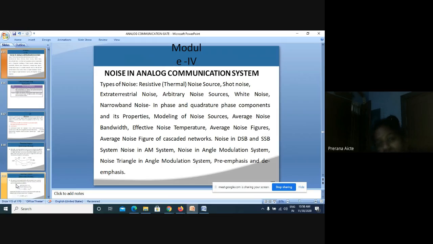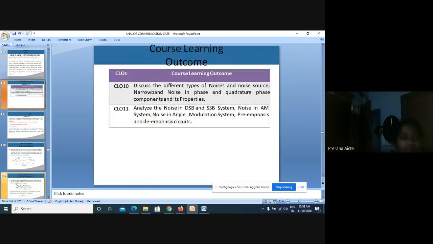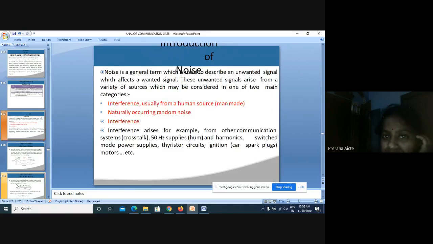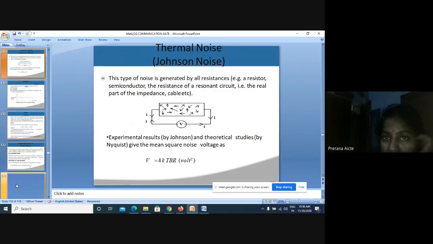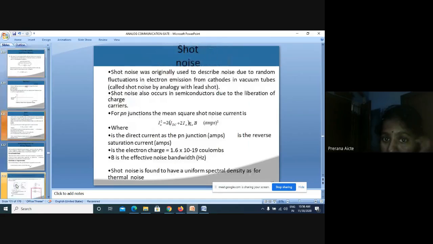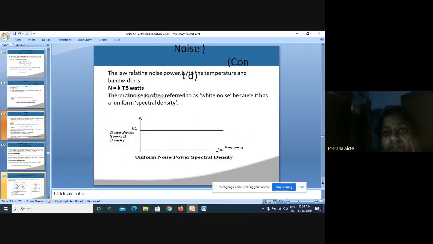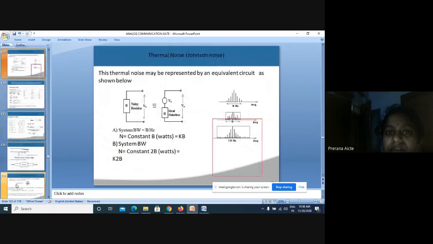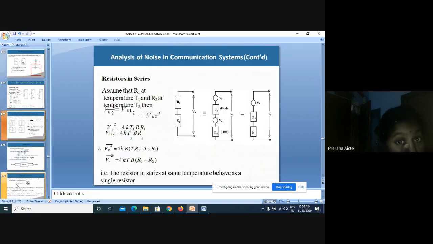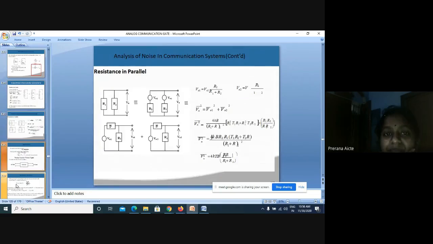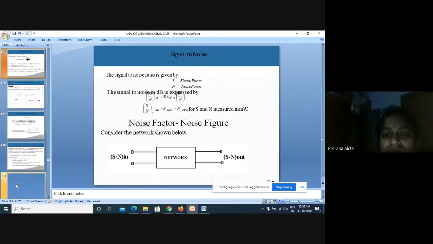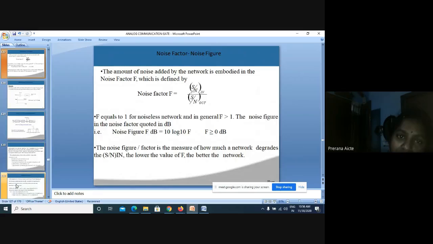Then coming to noise. We have different types of noises: thermal noise, shot noise, flicker noise. We need to analyze the noise factor or noise figure in terms of dB.